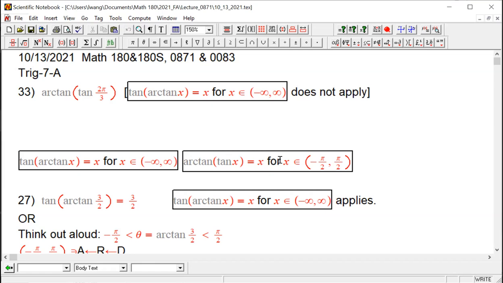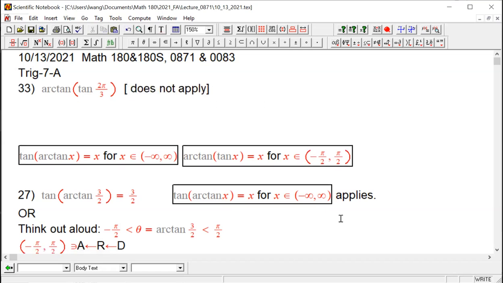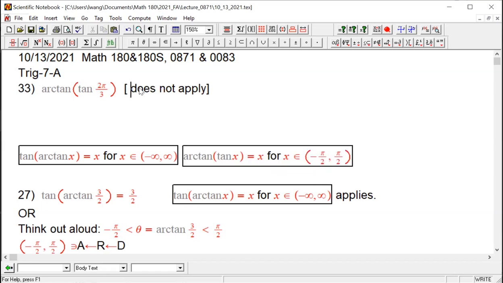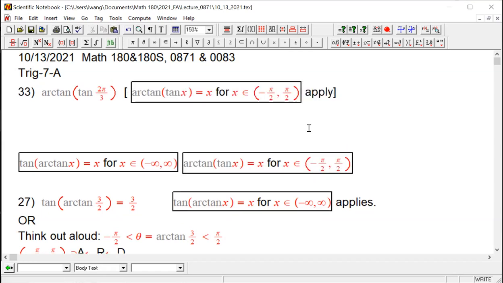Oh, sorry, wait. Am I doing the wrong thing? I think I did the wrong thing. Not this one. Sorry, it's the latter one. No, sorry, this applies. Wait, does not apply. I'm tired. Sorry. Does not apply.